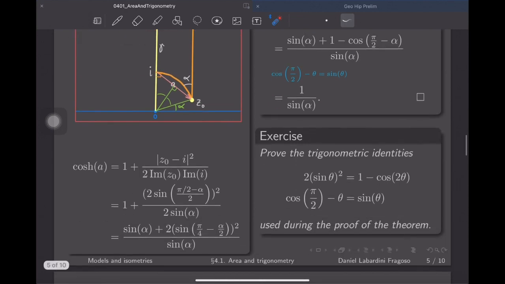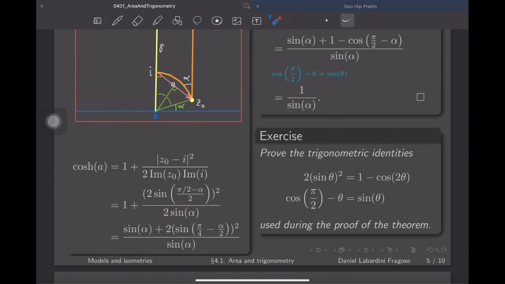It was 1 plus some expression that was invariant under applying Mobius transformations. And in this case of i and Z0, that expression is simply this one. This imaginary part is just 1, and the imaginary part of Z0, I claim, is the sine of alpha.